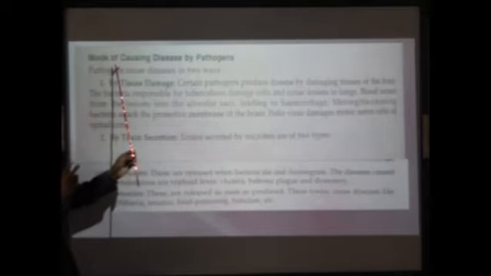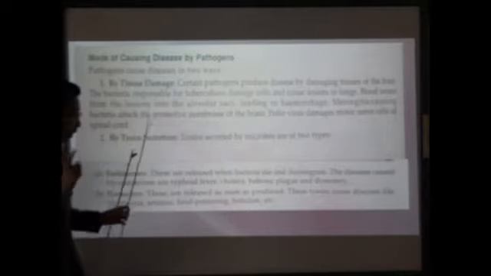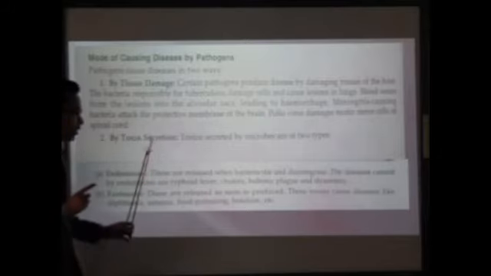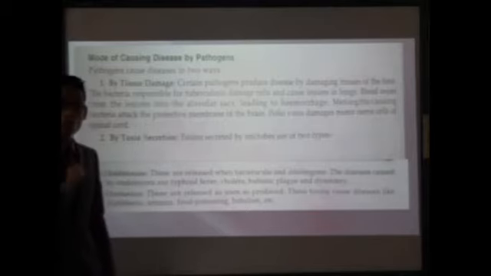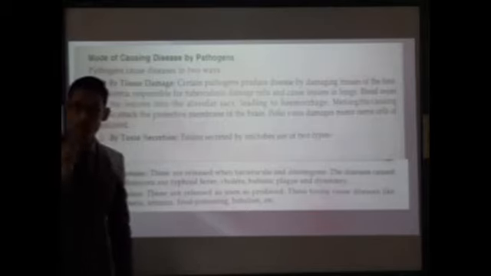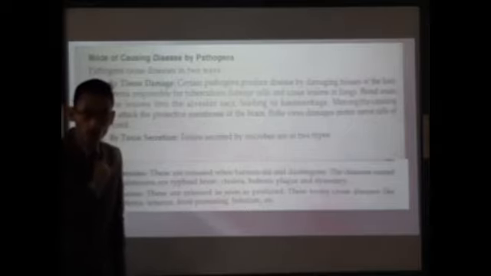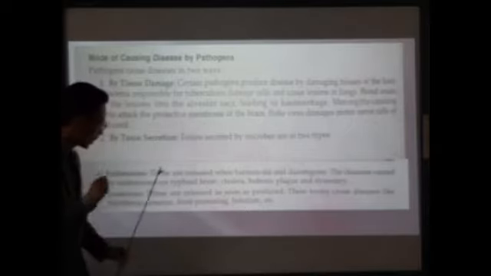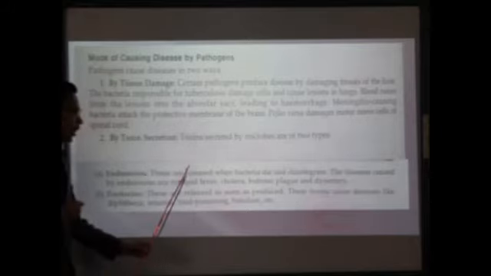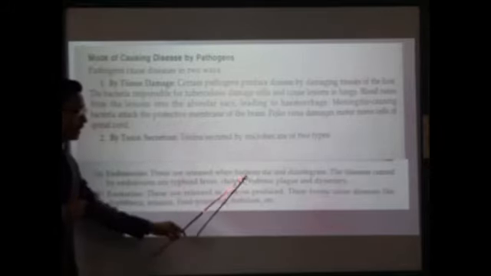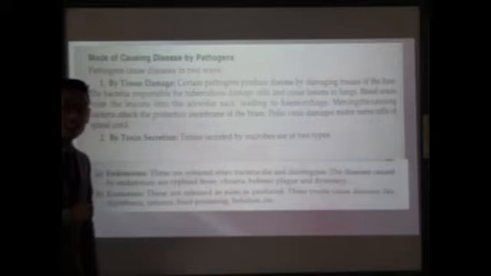So the number 2 mode of causing disease by pathogens is by producing toxins, the harmful chemical substances. Mainly toxins are of 2 types: endotoxins and exotoxins. Endotoxins are released when bacteria die and disintegrate.